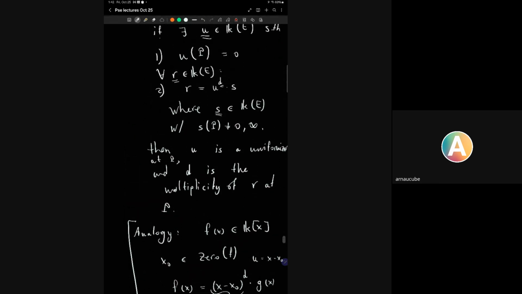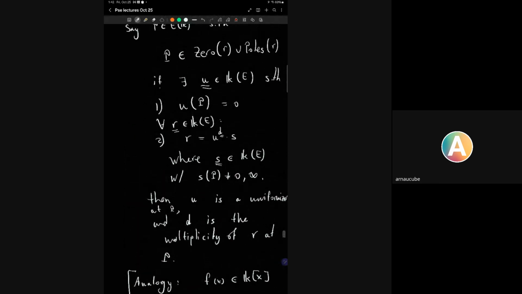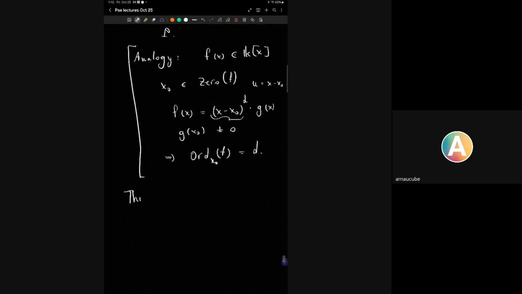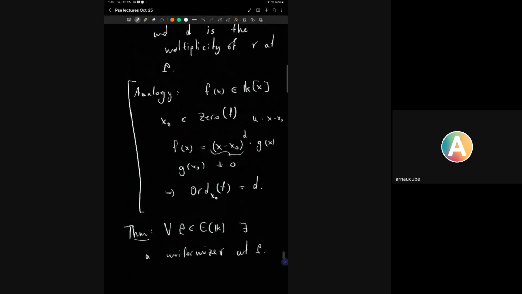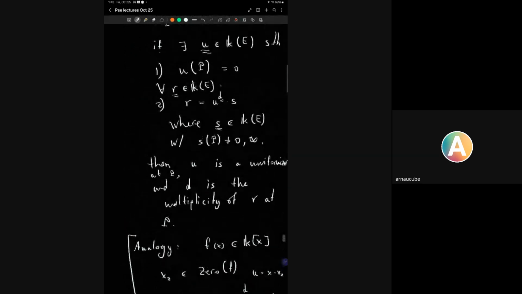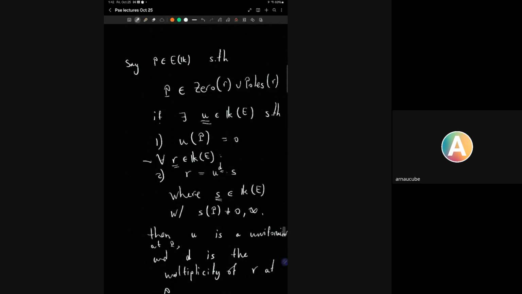So we have this definition of a uniformizer, and there is a theorem that for any P, there exists a uniformizer at P.